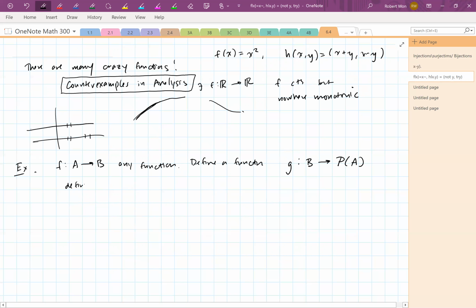Defined by what g does to an element y in B: it spits out the pre-image of the set containing y. Okay, and then I can ask, is g injective? Is it surjective?